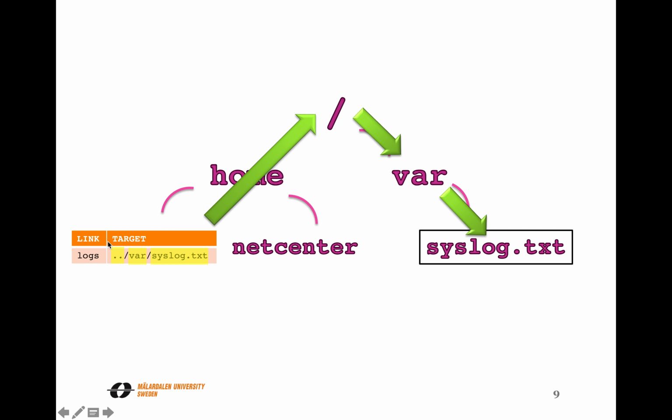So this is a fully valid link that points to the syslog file over here. So if we try to read or edit this file, we will actually edit the target file. It will just send us to that file if we try to open it with some tool.